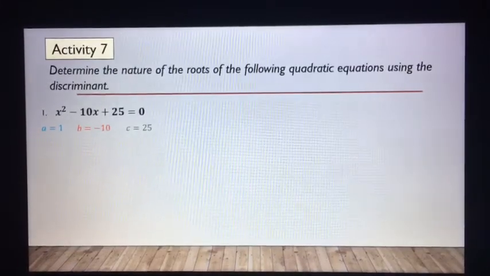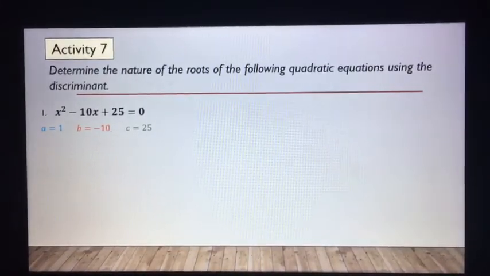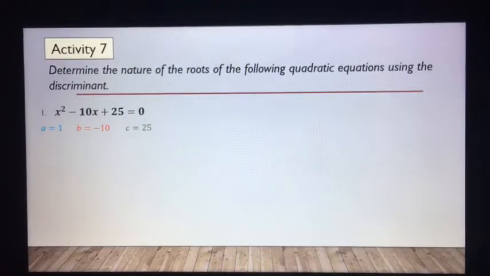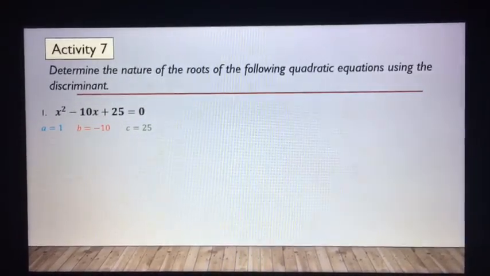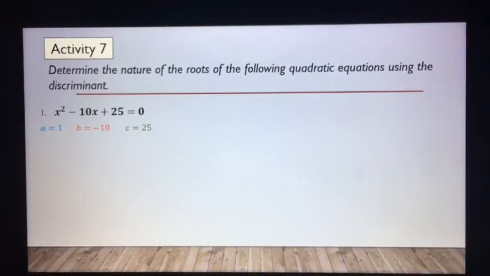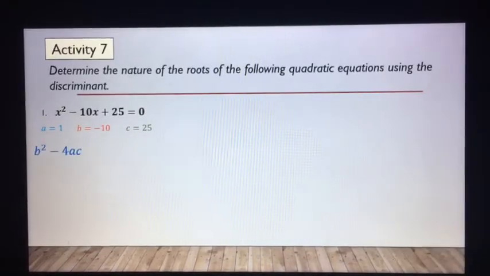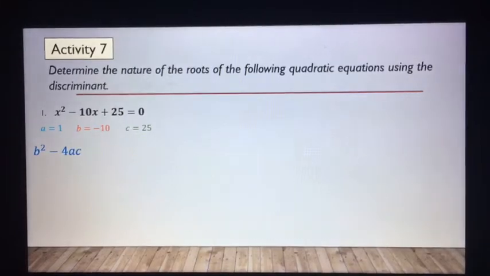So, katulad ng ginawa natin kanina, identify the value of a, b, and c. So, a is 1, b is negative 10, and c is 25. Evaluate the expression b squared minus 4ac. Substitute natin yung mga values ng a, b, and c respectively.